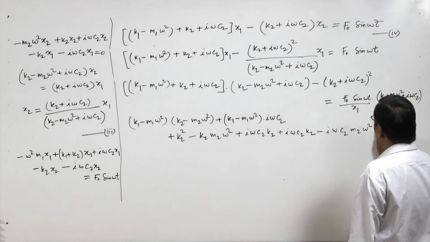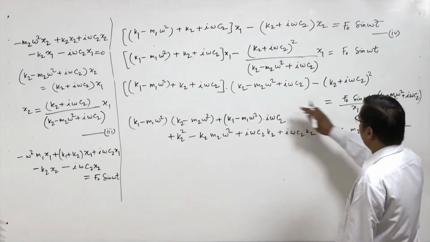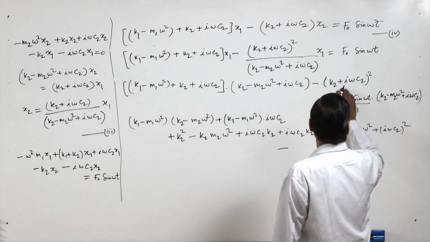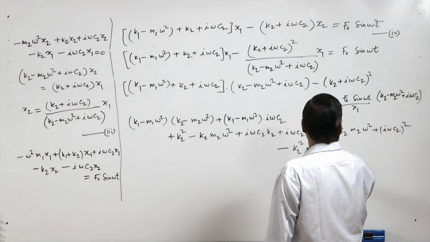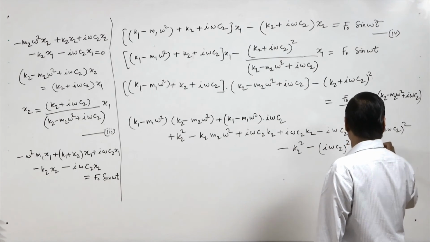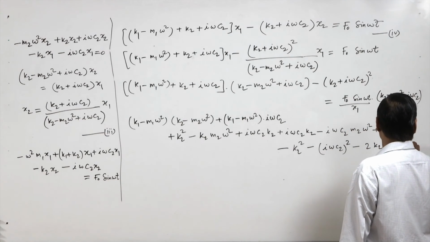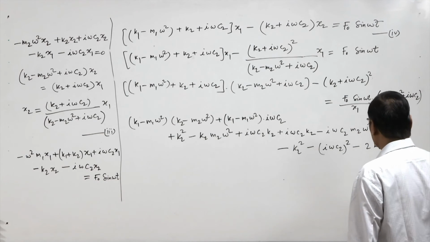So this is plus i omega c2 whole square, because this is multiplied with this term, then minus this square, so it is k2 square minus i omega c2 whole square and minus 2 k2 i omega c2. So this is just the left hand side terms.